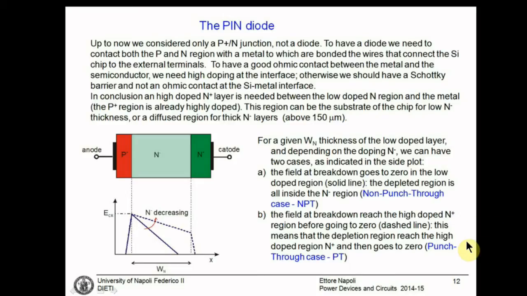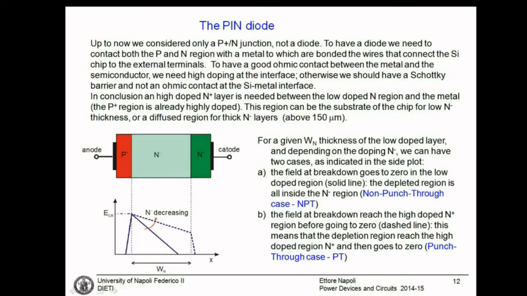When we reach the breakdown condition, the electric field at breakdown reaches 0 in the low doped region. This is the solid blue line. The depleted region then is entirely inside the N minus region. We call this kind of devices non-punch-through case, non-punch-through device, or NPT devices.